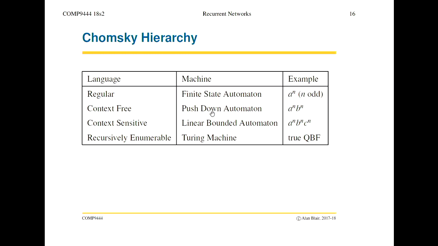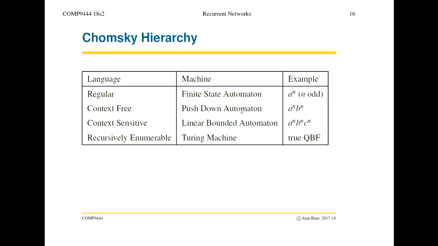So a very simple example, well, a context-free language is something that can be processed with what's called a push-down automaton. So it's like a finite state machine, but it also has a stack of items, so it can put an item on the stack or take an item off the stack, right? But it's only got one stack.